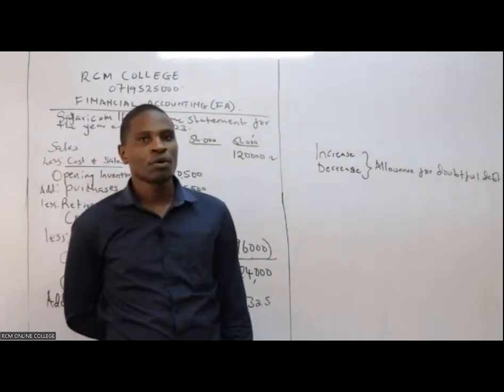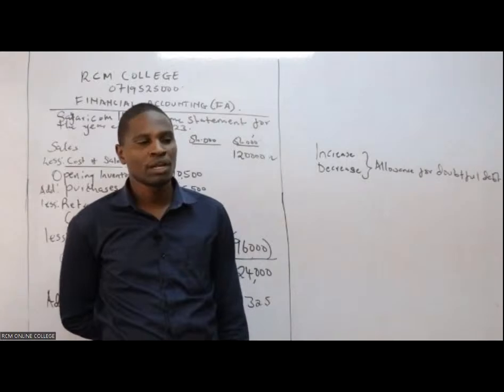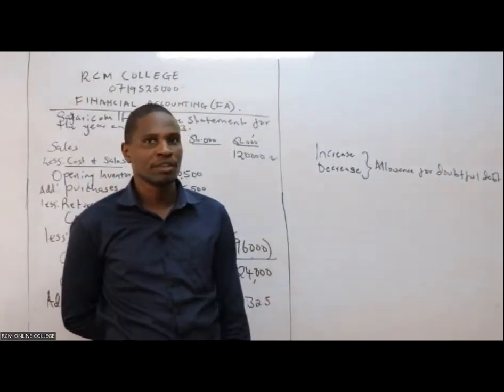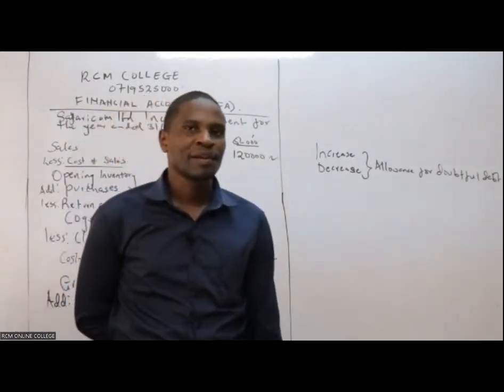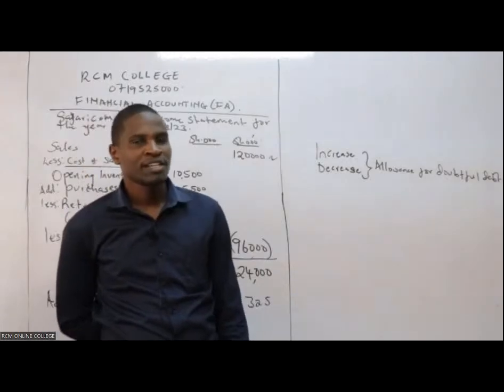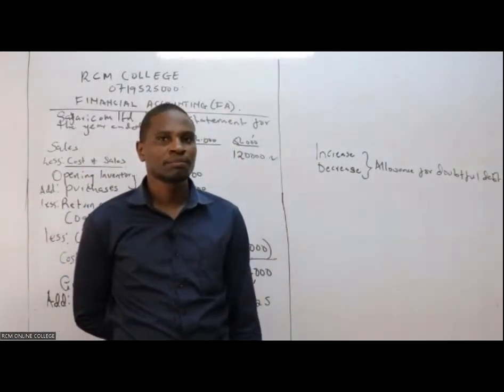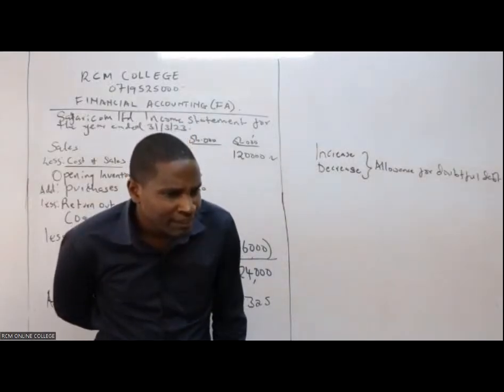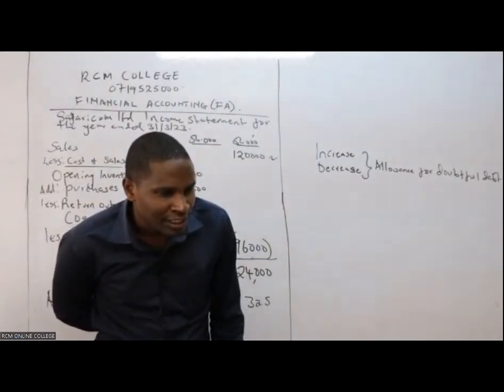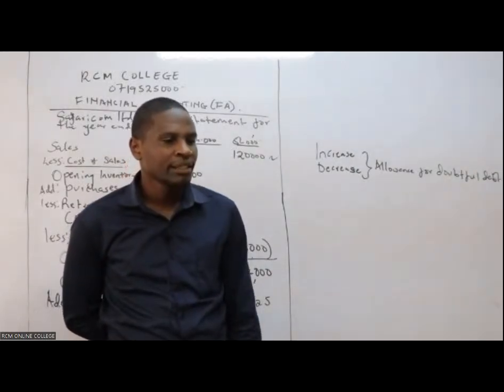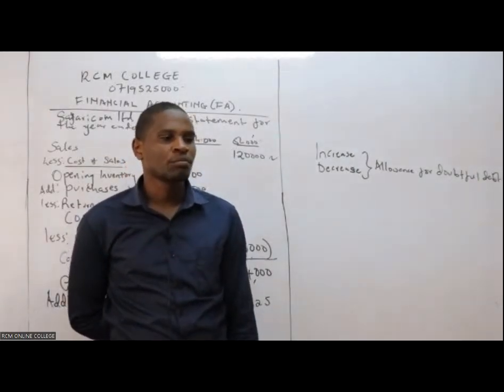Which one falls under income and which one falls under expense? Before we even compute this, let us see my fellow accountants. Decrease is an income and increase is an expense. Yes, Miss Winsley and Sharon Onyango, I cannot put it better.